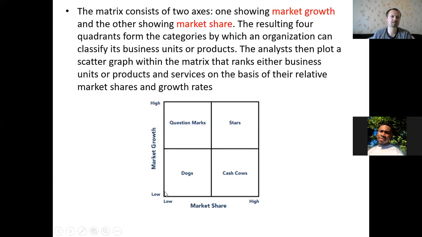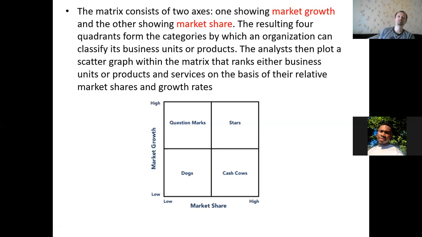The first is low market share here, from the left to the right. So the left part of the X is less than the right part of the X. It is natural. You know this type of X from algebra, for example.